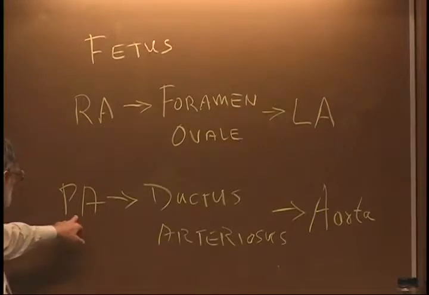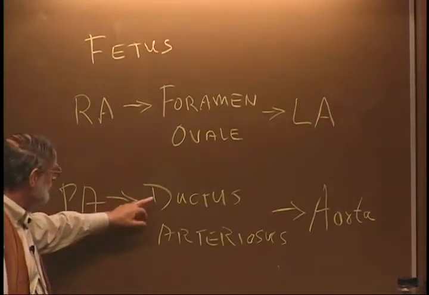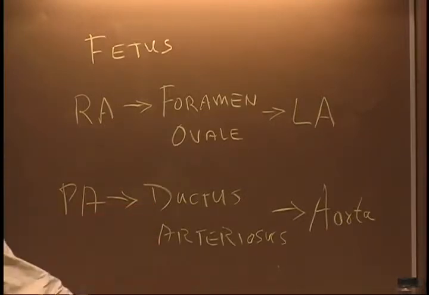There's also a connection between the pulmonary artery and the aorta, the ductus arteriosus. That's really about the only note you need to make to get those questions right that were on the dental board exam.